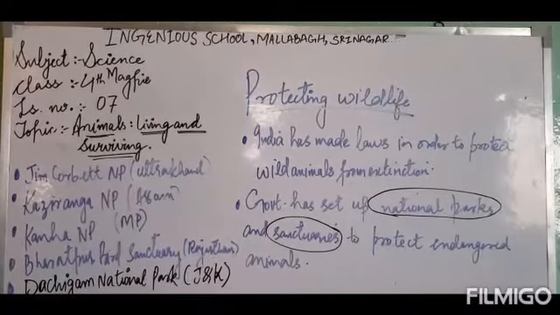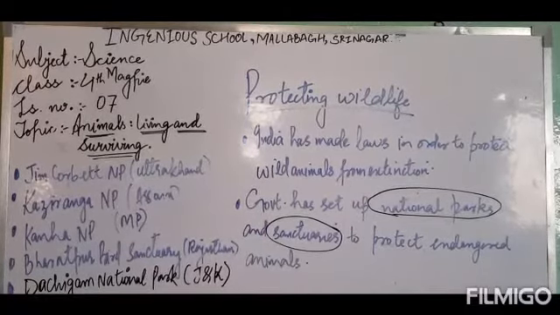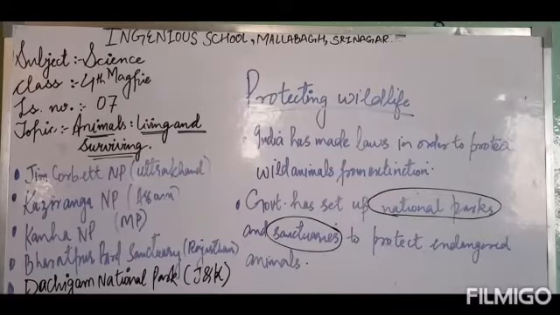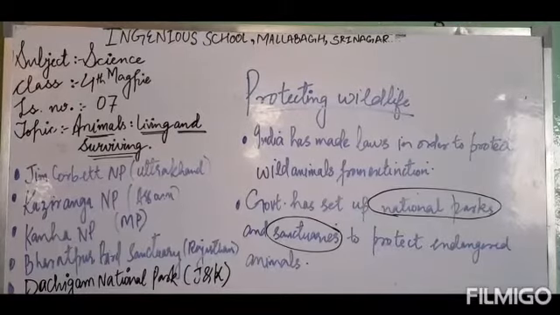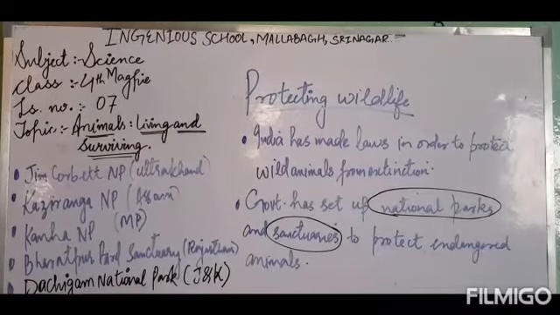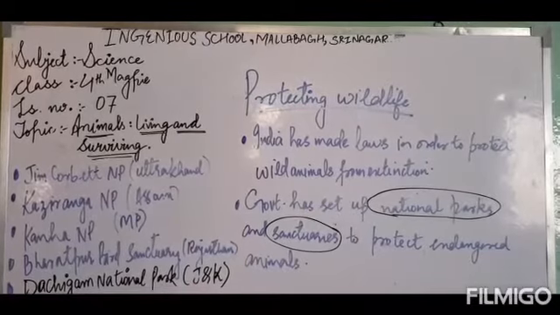Got it? There is also Gir National Park in Gujarat, famous for lions. There is also Periyar National Park in Kerala, famous for elephants. So these are a few of the national parks and sanctuaries established by the government to protect these endangered animals.